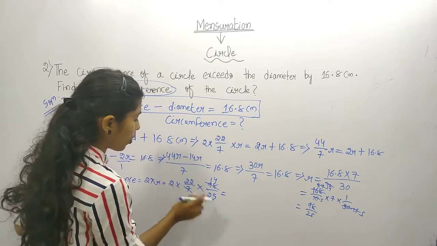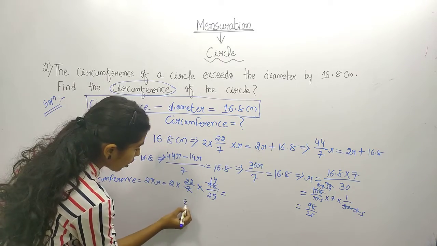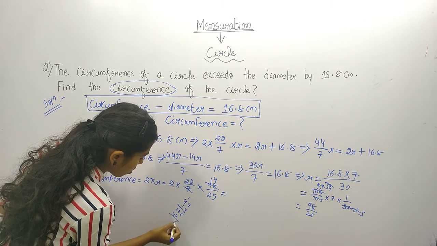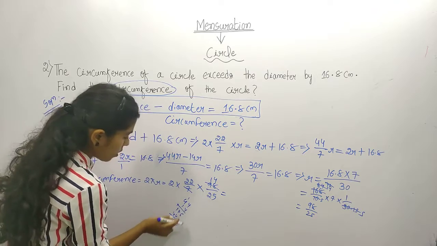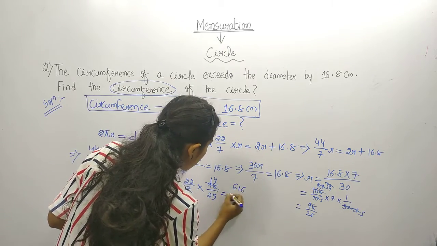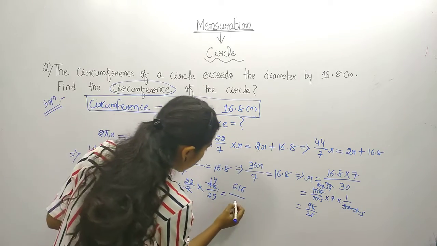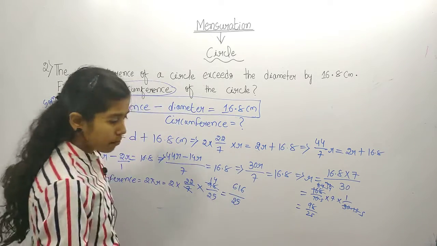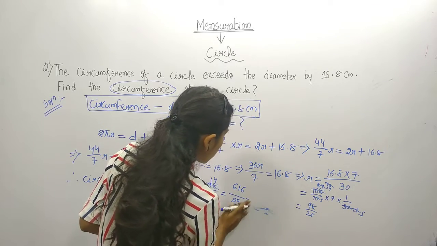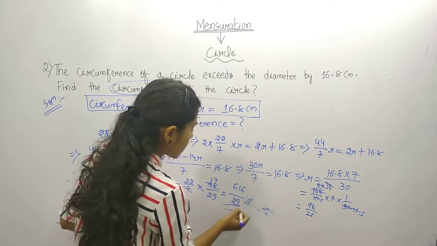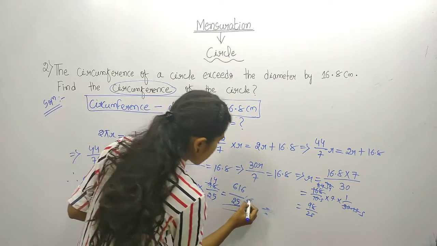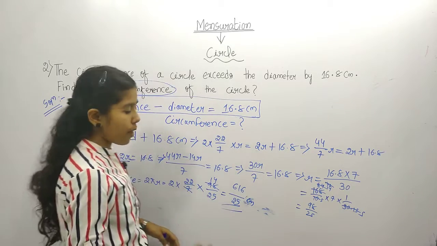Now 2 into 22 is 44, 44 into 14 is 616. Okay, 616 divided by 25. So the circumference of the circle is 616 divided by 25 cm.